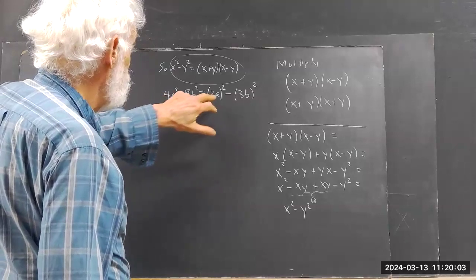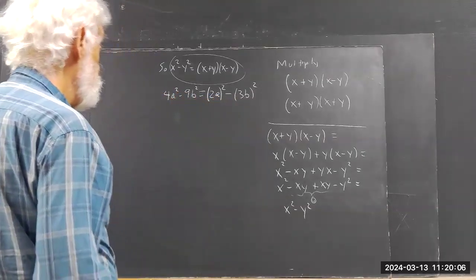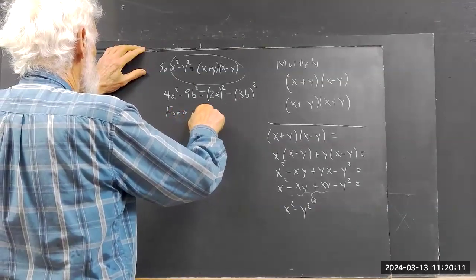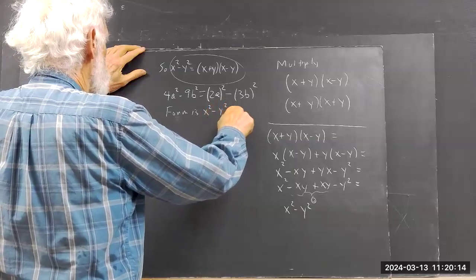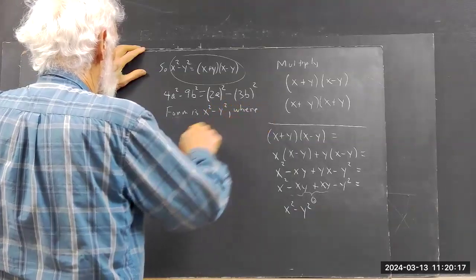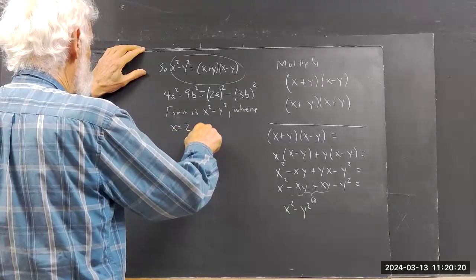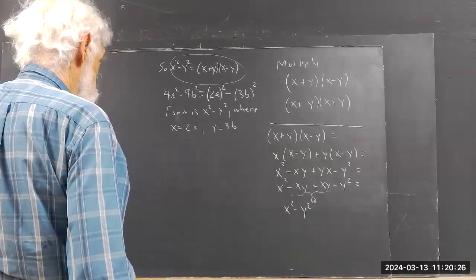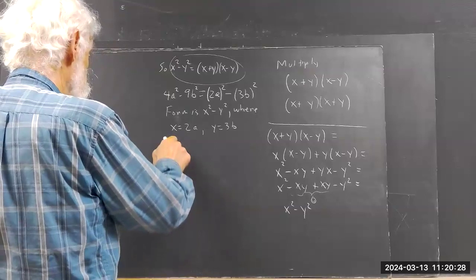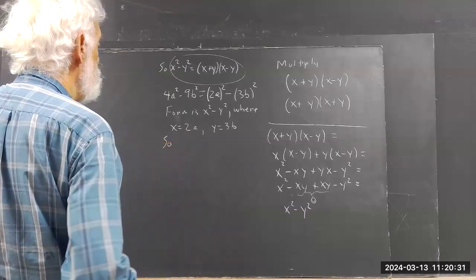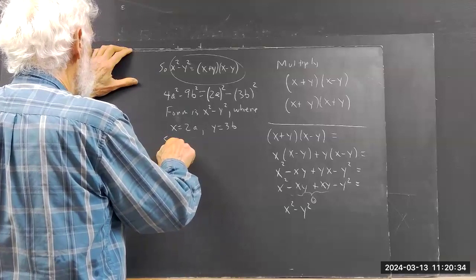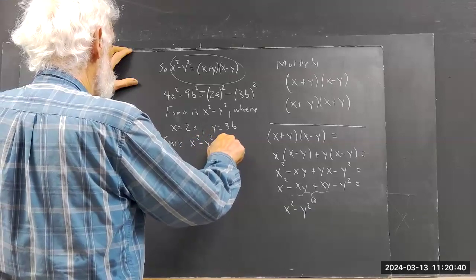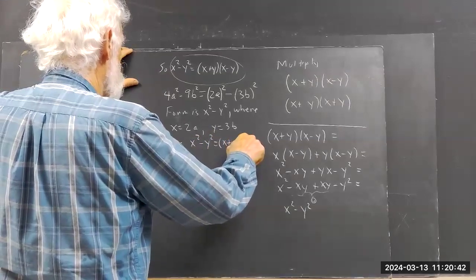So it's like this is x squared minus y squared, where x equals 2a and y equals 3b. x squared minus y squared equals x plus y times x minus y then.